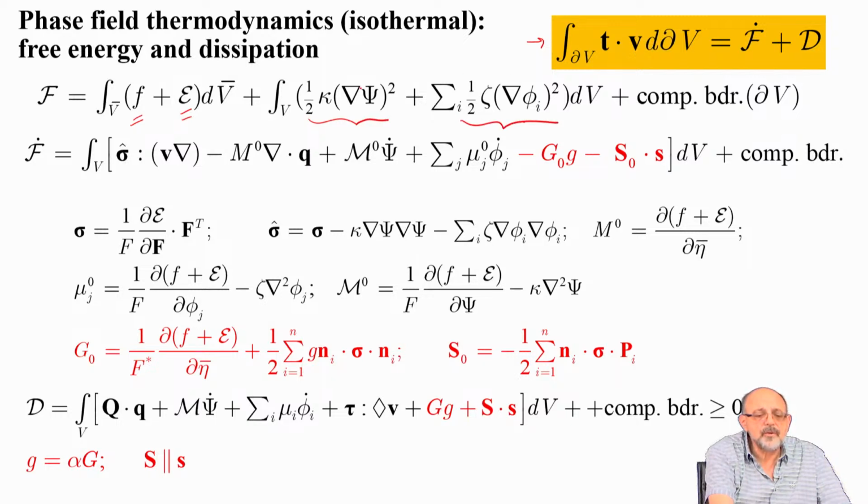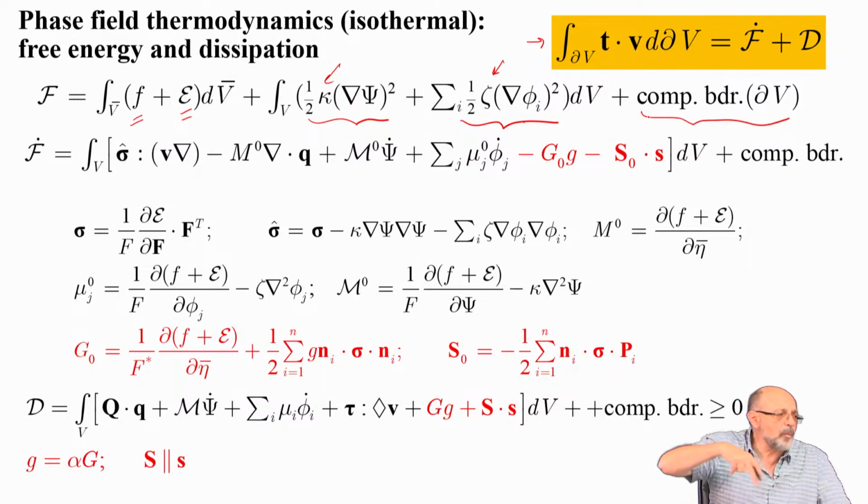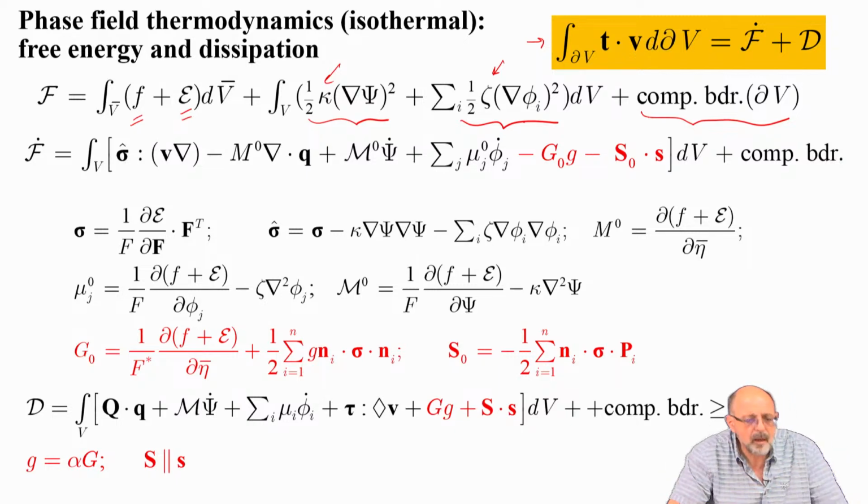All of those phi's, and I have those coefficients kappa and zeta. And there will be something on the computational boundary, on the boundary of the domain. But let's not drag that in now. Things are complicated enough without that.